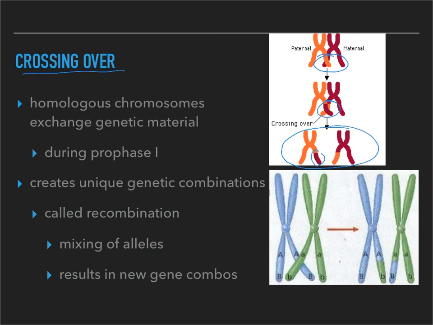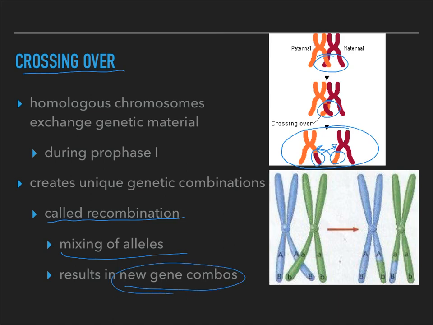This section of the chromosome came from here, where it crossed over, and this section came from here, where it crossed over, and what it's doing is making unique or new genetic combinations. This is called recombination or recombinant DNA. You get a mixing of alleles. Remember, alleles are the different versions of a trait, and as a result, you get new gene combinations.